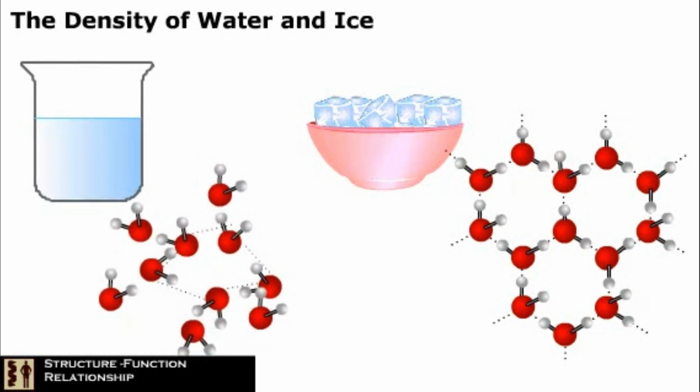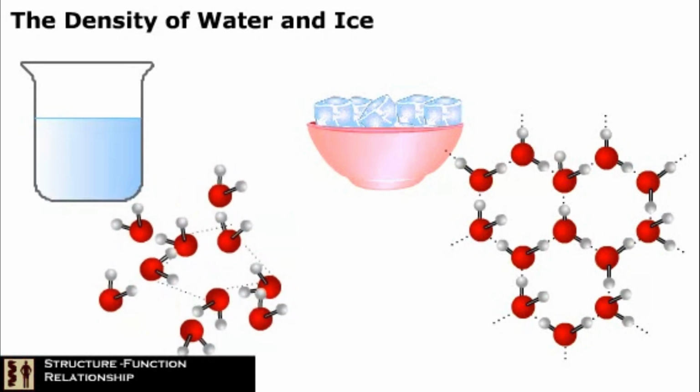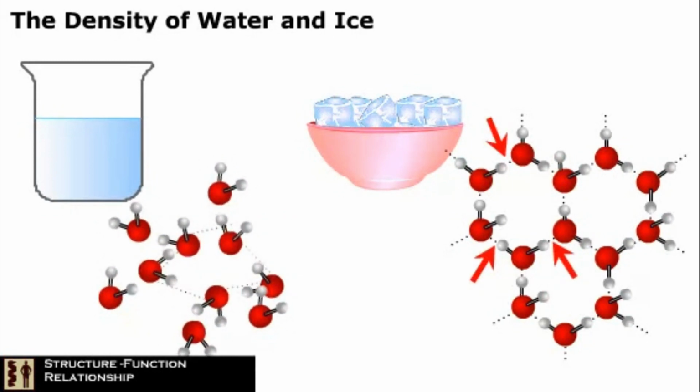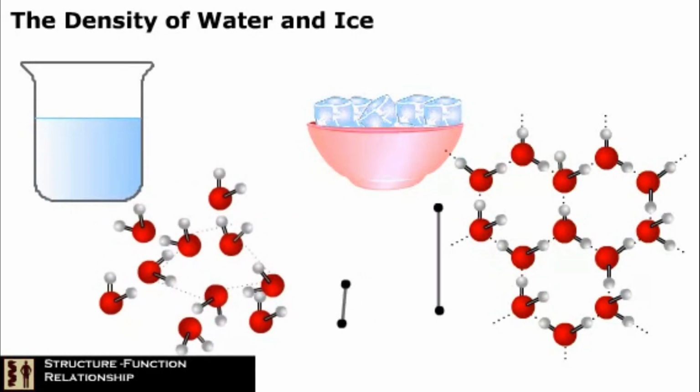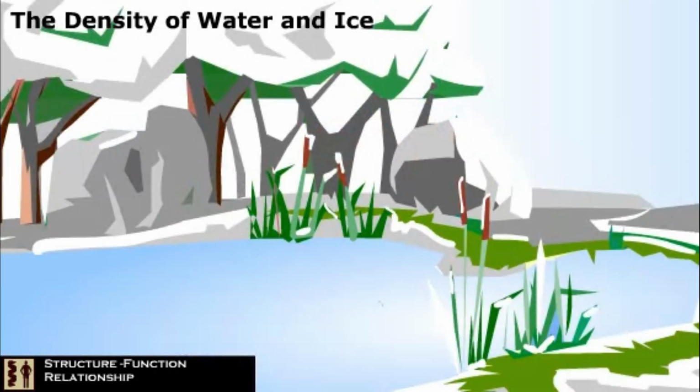In liquid water, on the left, the hydrogen bonds are constantly broken and reformed as the molecules move around. When we look closely at the structure of ice, we see a lot more open space. The arrangement of hydrogen bonds means the atoms are farther apart, so ice is less dense than water. Let's consider some of the biological consequences of ice's lower density.